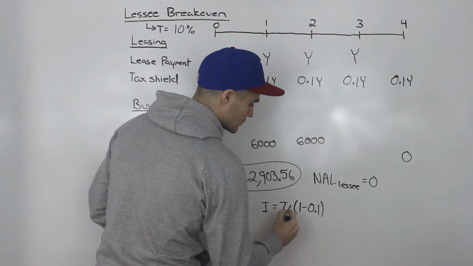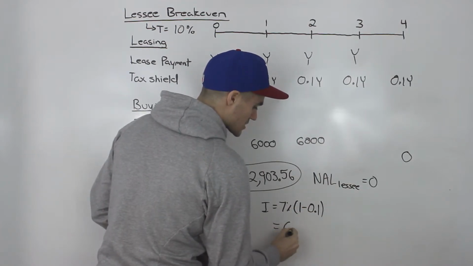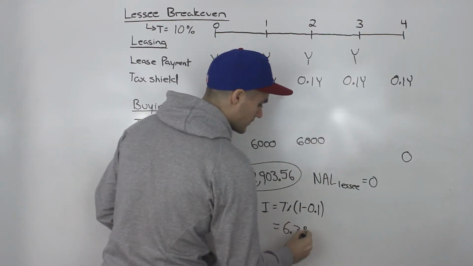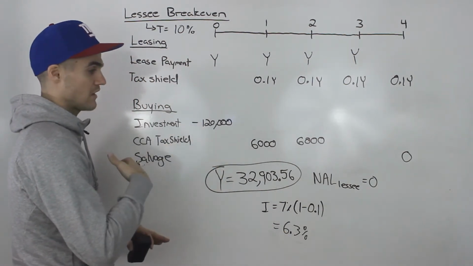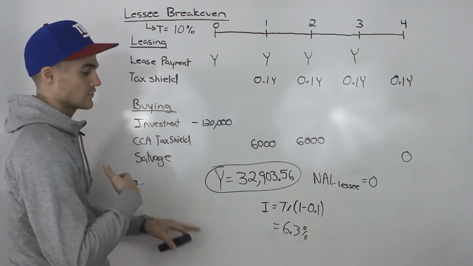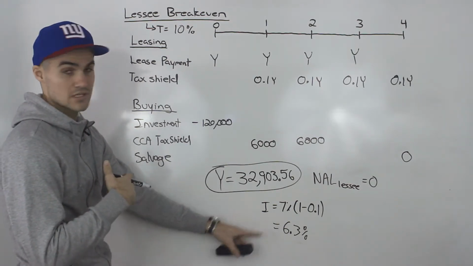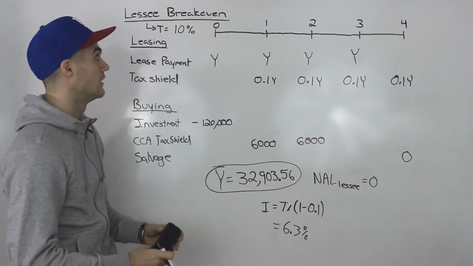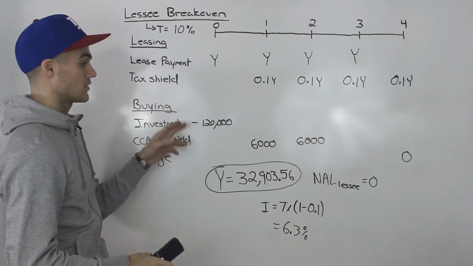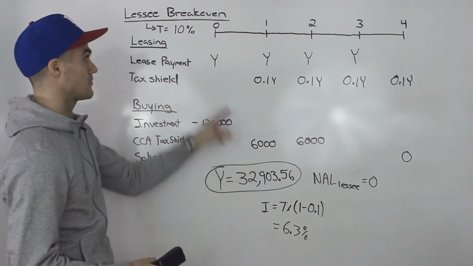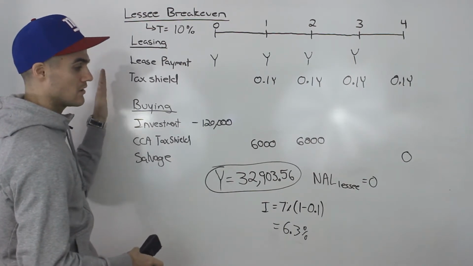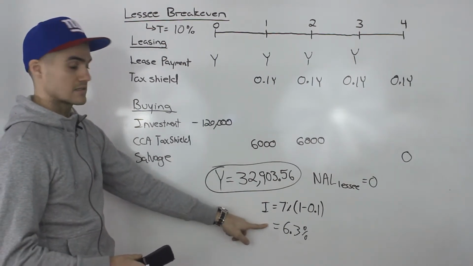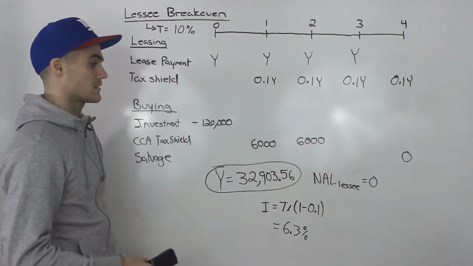And that would give you 7 times 0.9, which is 6.3%. So that's the discount rate you're going to be using to present value all of the cash flows. And that's the discount rate being used in the Excel file as well, as long as you're inputting a lease payment and then that correct tax rate on the side in that inputs column, that is the tax rate that is being used.